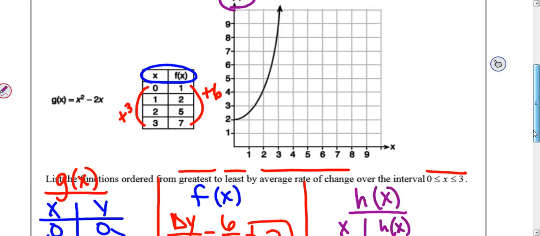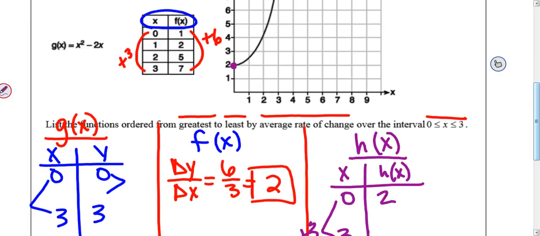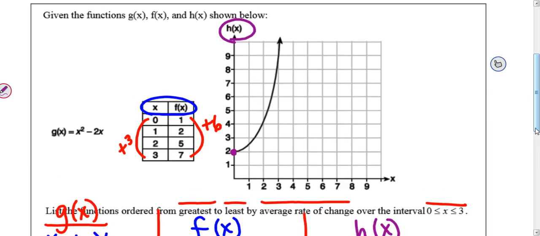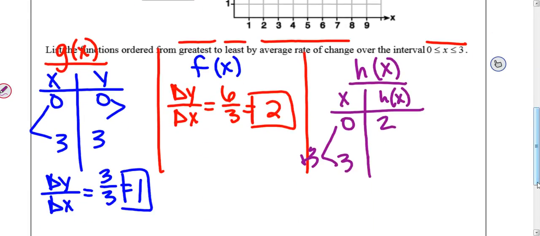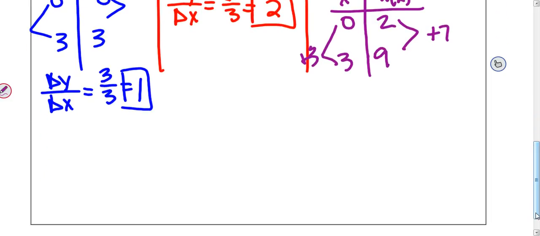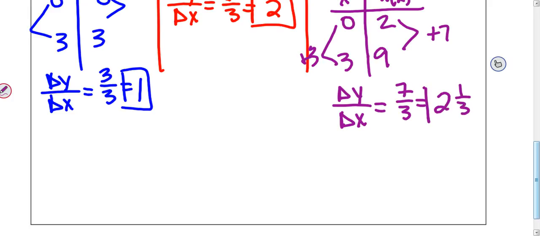So when I look at my graph, when x is 0, y is 2. So I'm going to put that in. When x is 3, y is 9. So there's that value. So I'm going to put that in. And my change here is an increase of 7. Again, when I try and figure out my slope, my average rate of change here, it's 7 over 3. I'm going to simplify it so I can compare it better. I have 2 1/3.